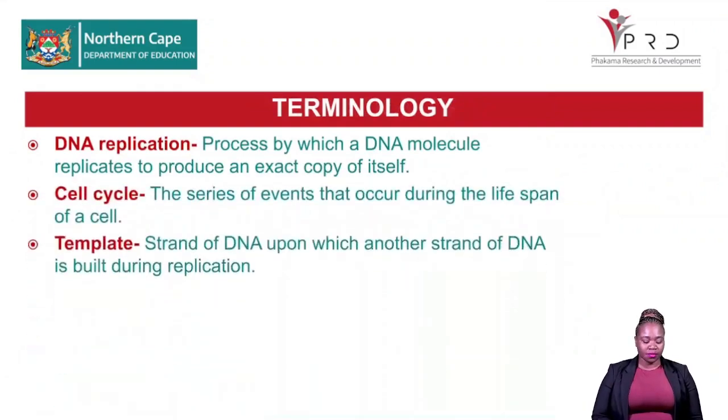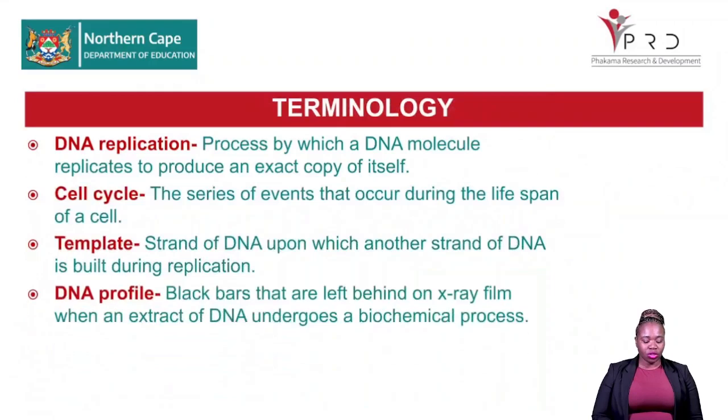All right, with the terminologies, we have DNA replication, the process by which a DNA molecule replicates to produce an exact copy of itself. That's the process we're going to look at. And then the cell cycle, that is a series of events that occur during the lifespan of a cell.